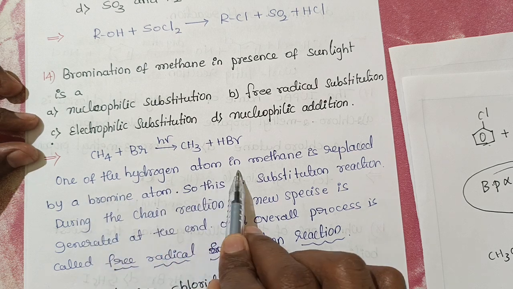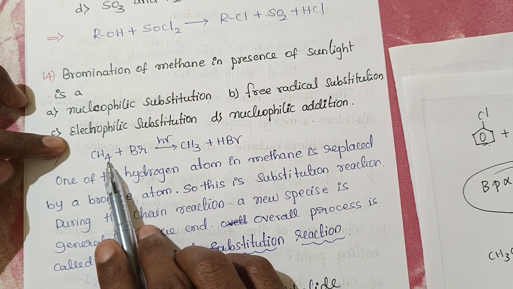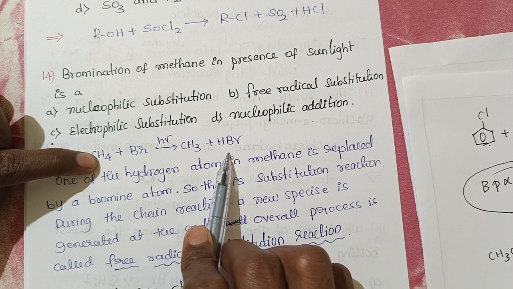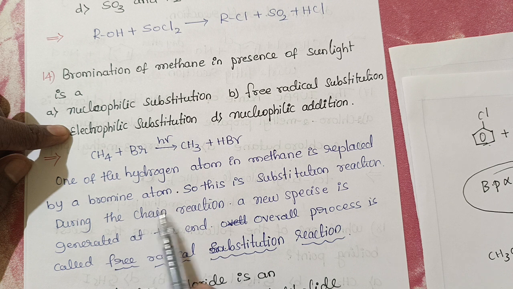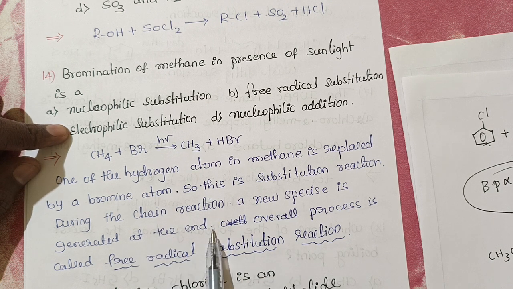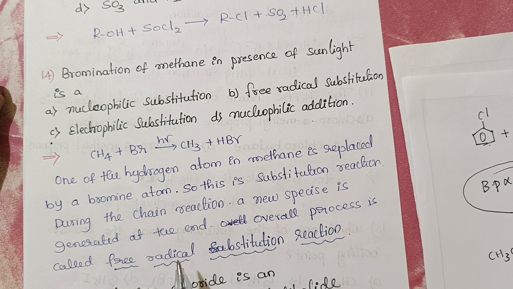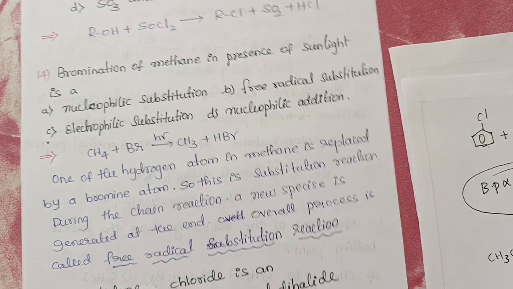One of the hydrogen atoms in the methane is replaced by the bromine atom, and there is a formation of HBr. This is a substitution reaction during the chain reaction. A new species is generated at the end. So this overall process is called what? Free radical substitution reaction. So therefore option B is the correct one.